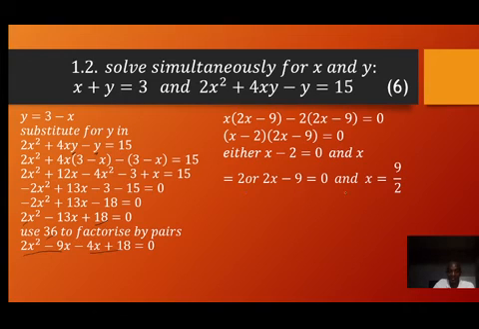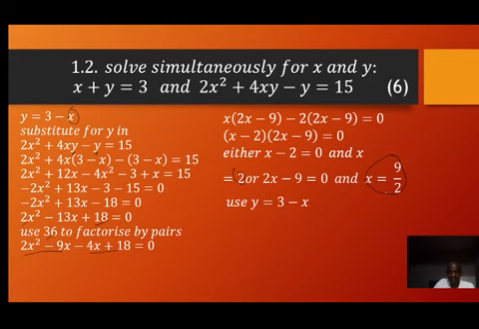Now don't forget that these are x values which I have, but the question was talking about x and y, so I have to come back here and substitute to get my y, which means where there is x, I'm going to put these answers here. I'm going to put the positive 2 to get my first answer, and also put the 9 over 2 to get my other answer for y as well.